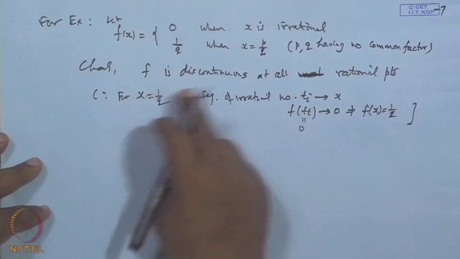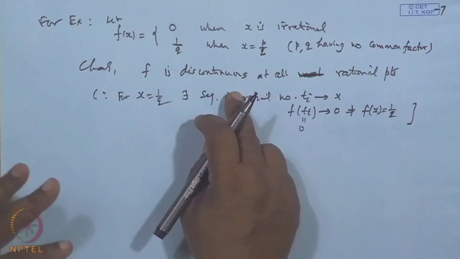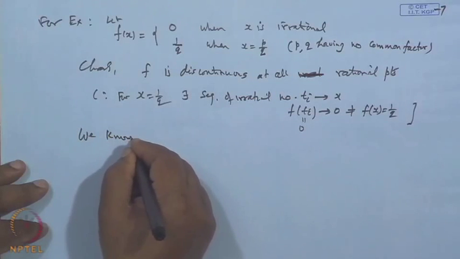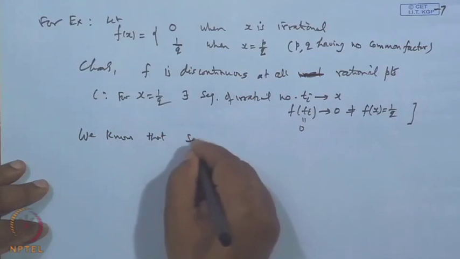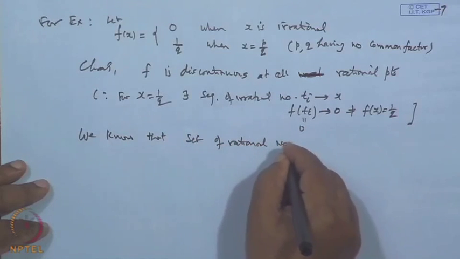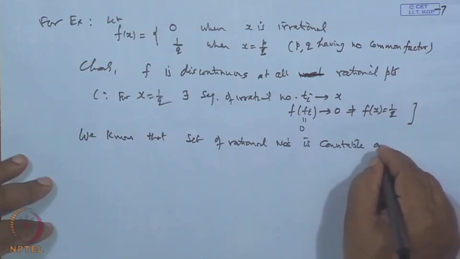So the discontinuities are at the rational points, and we know that the set of rational numbers is countable and has measure 0.